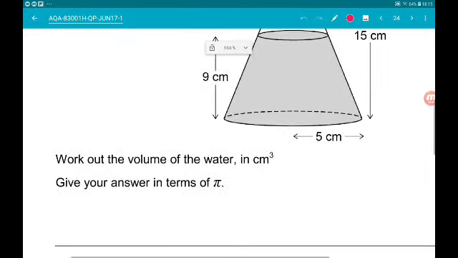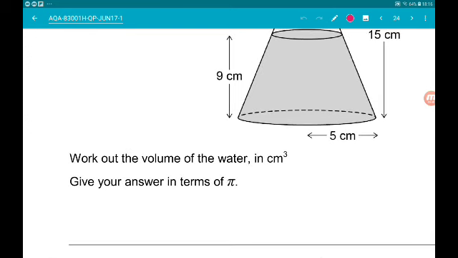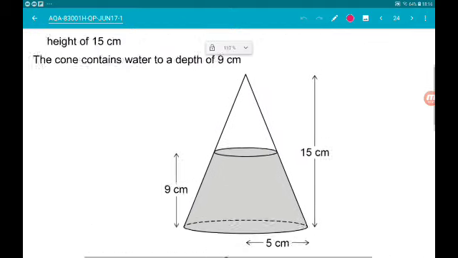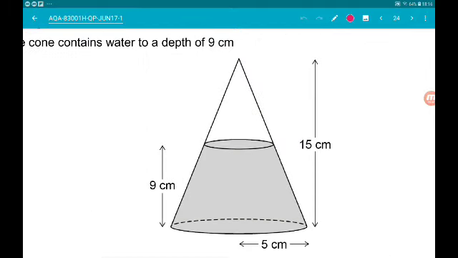So we want to work out the volume of the water in centimeters cubed, giving our answer in terms of pi. So what we need to do is work out the volume of the big cone, work out the volume of the little empty part of the cone at the top, which is a small cone, and then take that away from the big cone.